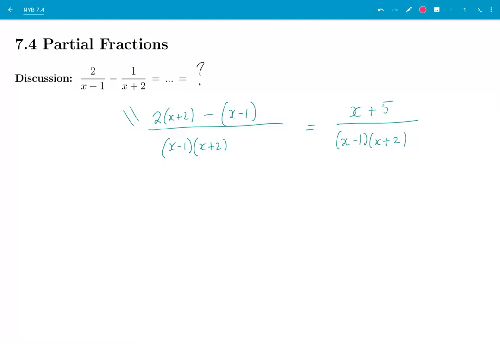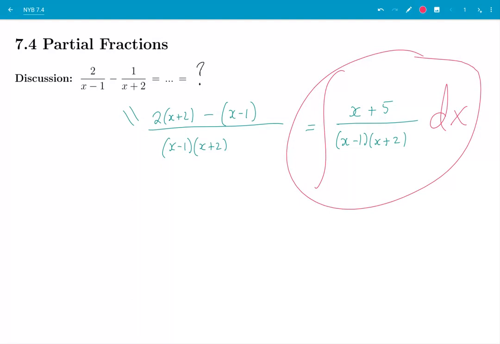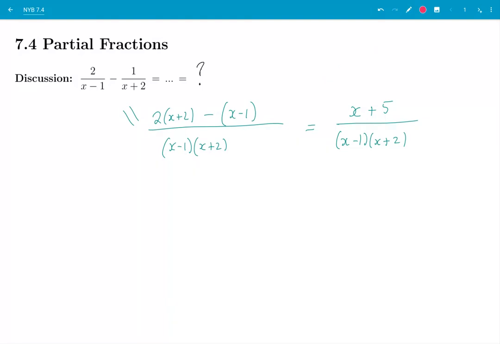So what was the point of all that? Well, we're going to be given integrals of this form over here, and it's going to be useful to work backwards and obtain something of this form.